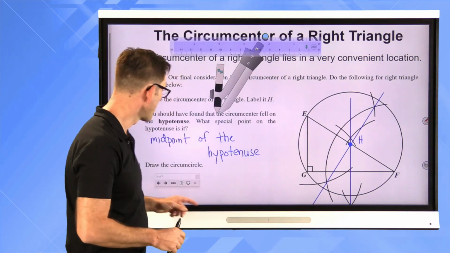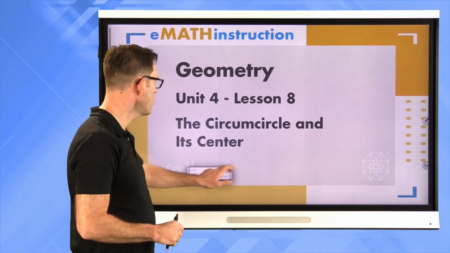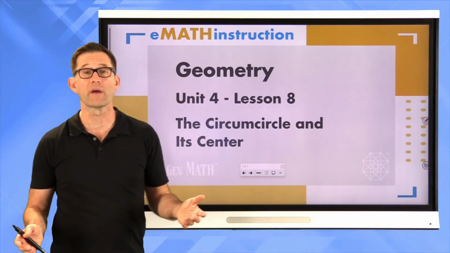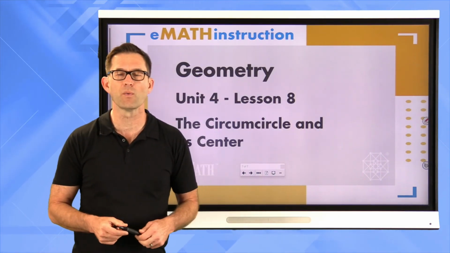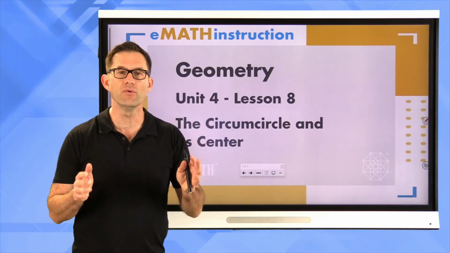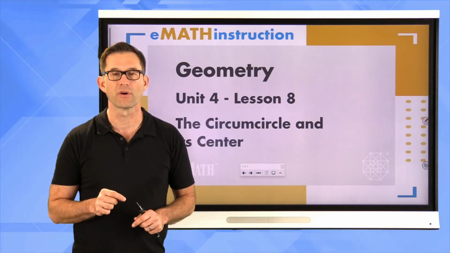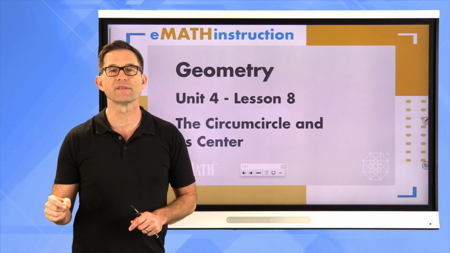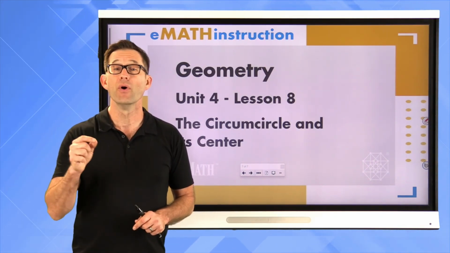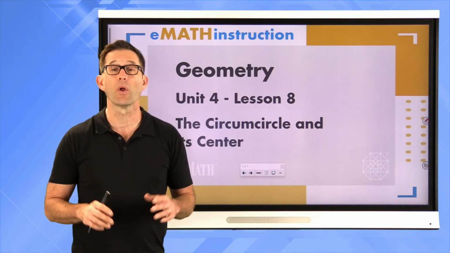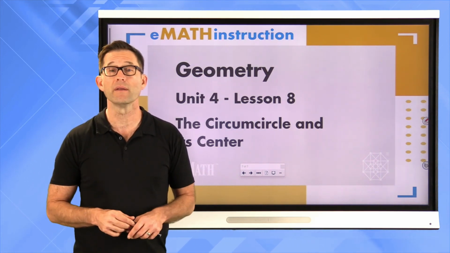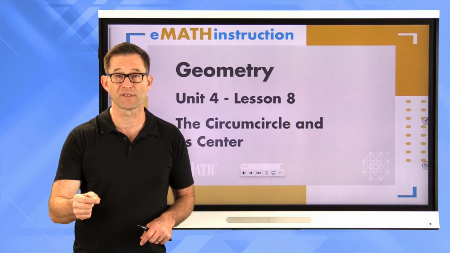All right, let's summarize. So what we saw today was something pretty complicated and something pretty cool as well, which is if you draw the perpendicular bisector of each of the three sides of a triangle, those three perpendicular bisectors will all intersect at a common point, which is known as a point of concurrency.